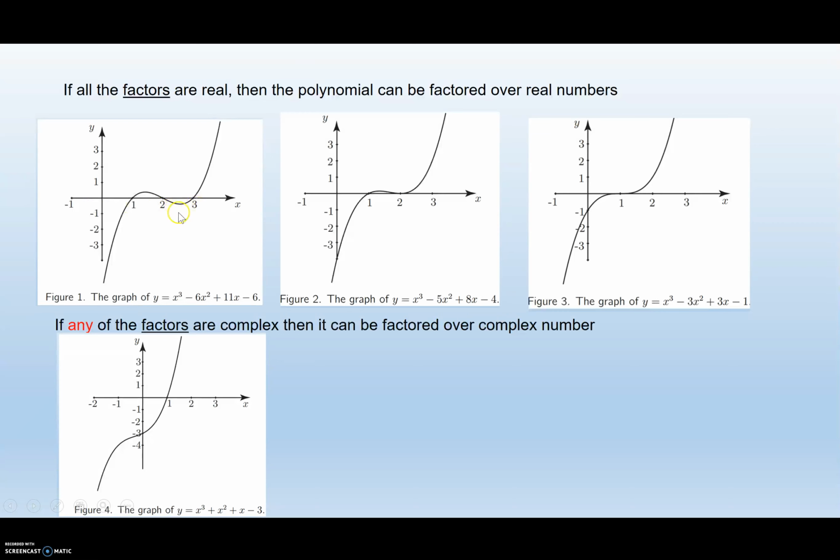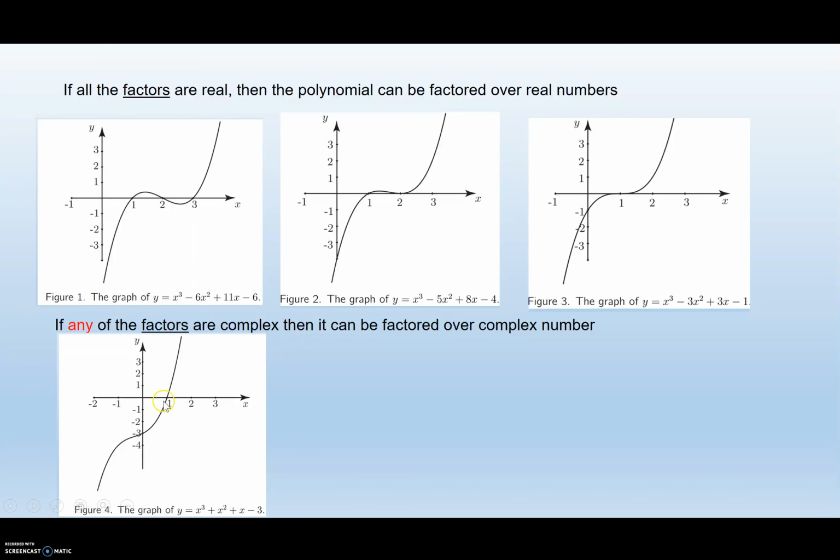In figure 2, it has two real distinct roots, which are also real numbers. And in figure 3, it passes through at 1, which is one distinct root, also a real number.